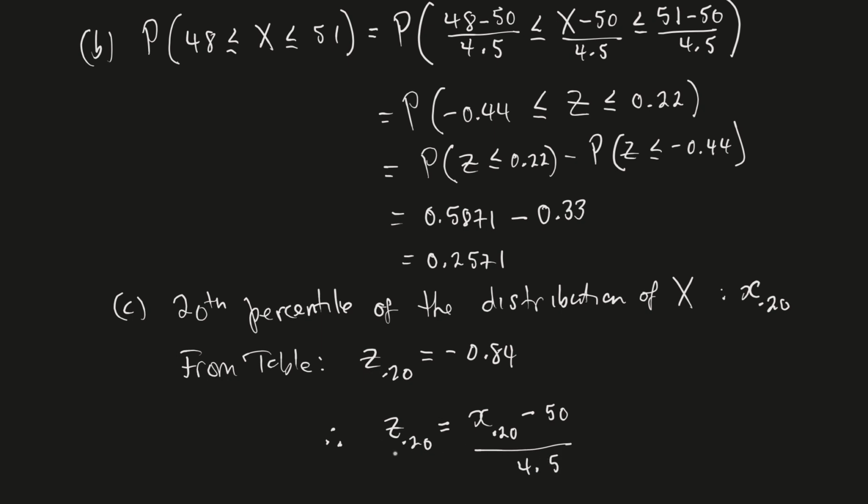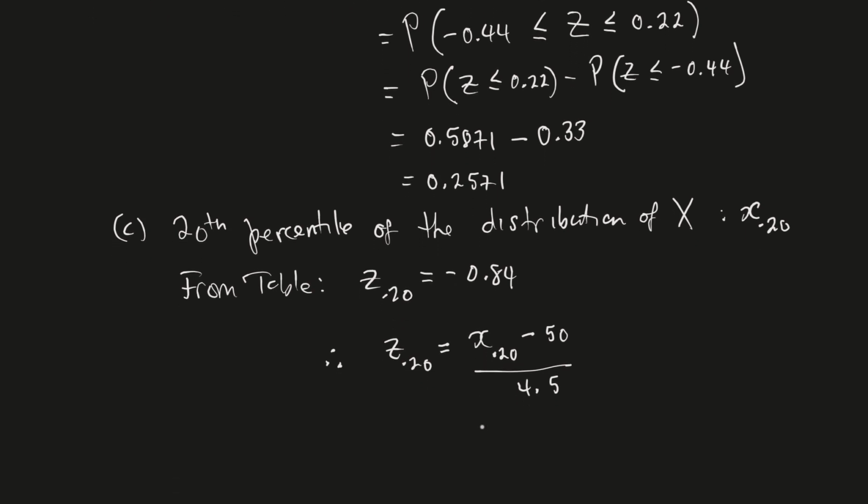So if I know what this is, I can essentially unstandardize my value and go back from a z value to an x value. So plug the negative 0.84 there, and then we have a nice little algebraic equation to solve.